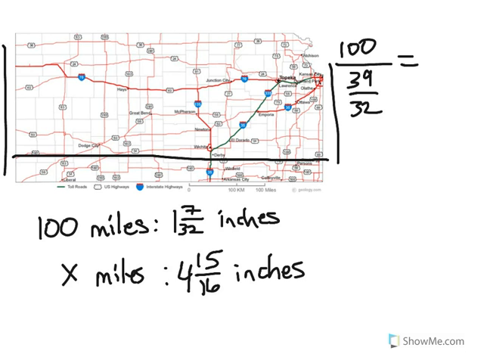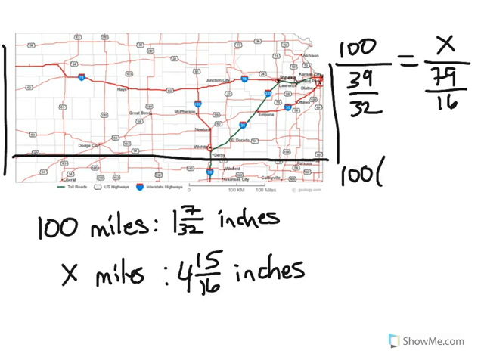That ratio has to be equal to x over 4 and 15/16. And again, I'm going to go ahead and turn that into an improper fraction now. So that will be 79/16. Solving this, of course, involves cross-multiplying.